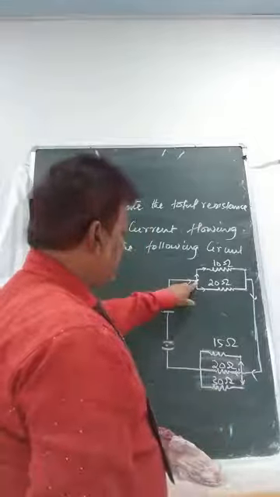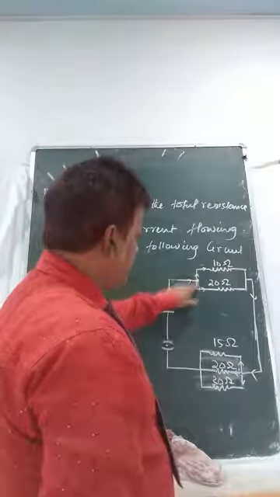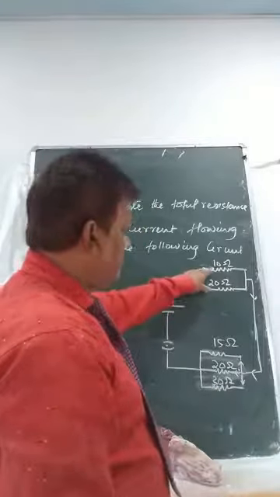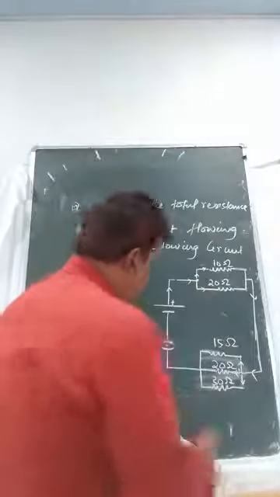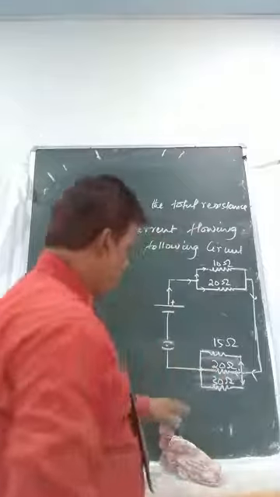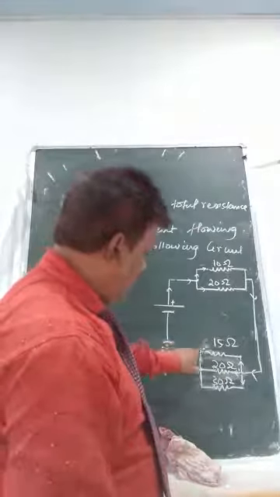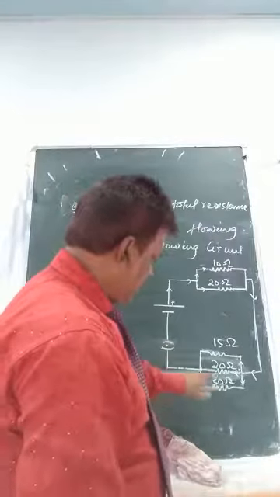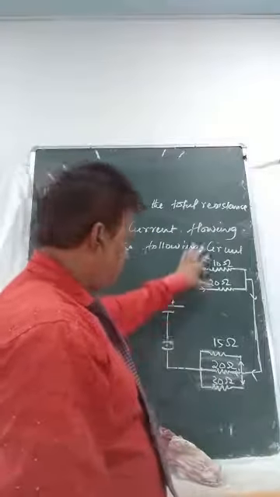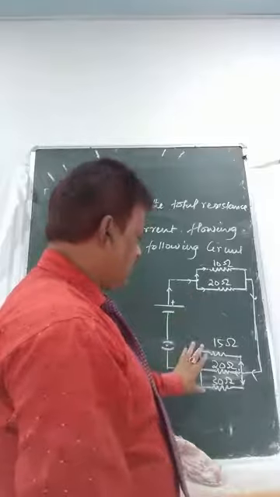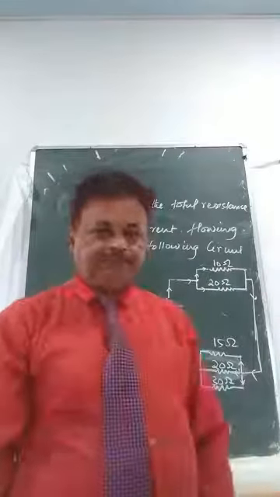If you find a junction, it means parallel connection. So these two are parallel. Now come back to this junction. Again, one is here, one is here, one is here, which means these three are in parallel. So when they combine, the results will be in series.